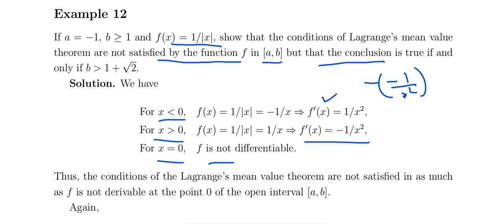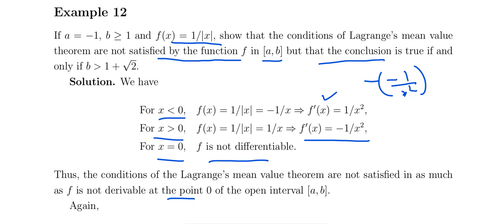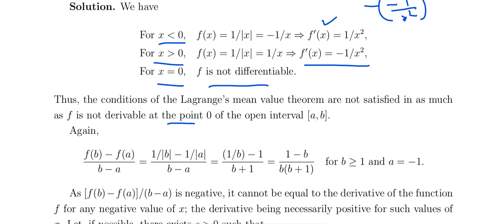At x equal to 0, this is not differentiable. As already said, the modulus function is not differentiable at the point x equal to 0 because of the mod x here. The conditions for the Lagrange mean value theorem are not satisfied, so f is not differentiable at the point 0 of the open interval a comma b.